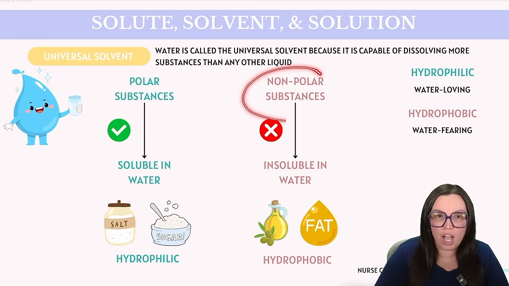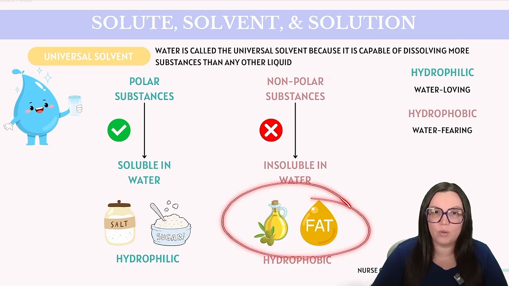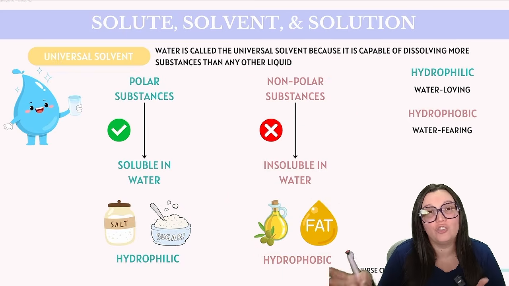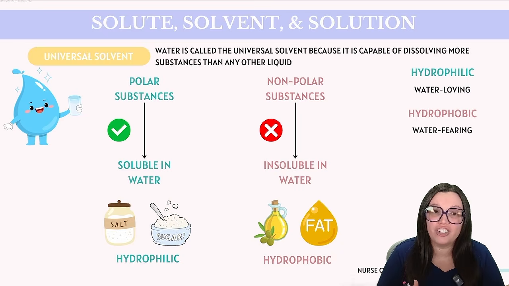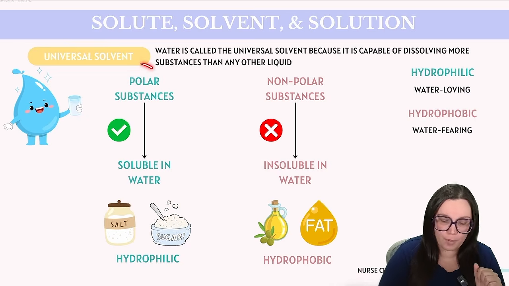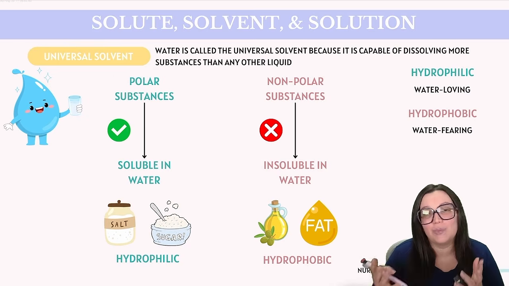Conversely, we have non-polar substances like oils and fats, which often struggle to dissolve in water. Their molecules lack charged regions, which are necessary to effectively interact with water molecules. Therefore, although water can dissolve numerous types of substances, it is predominantly effective with polar substances, earning its reputation as the universal solvent.